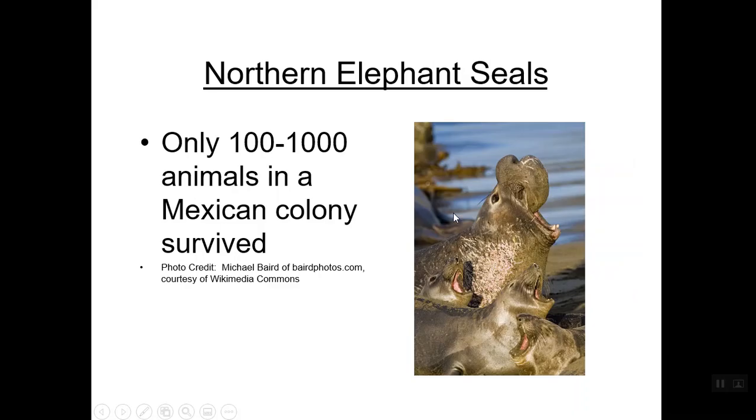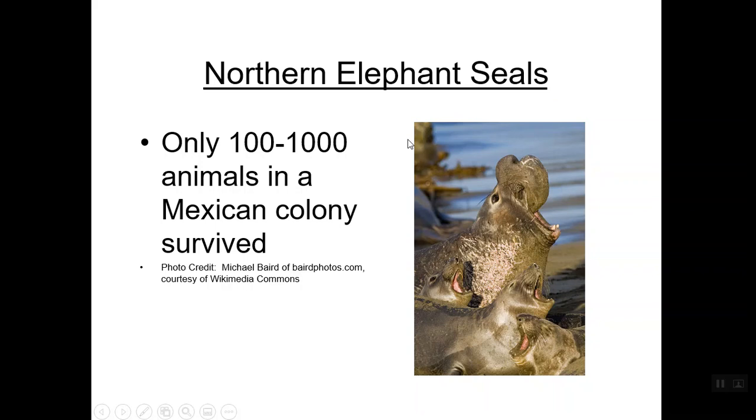And the individuals that are alive, there are only a few colonies. They have very little genetic variation. So we have impacted the allele frequency, the genetic variation of these northern elephant seals, because of this event. Okay.